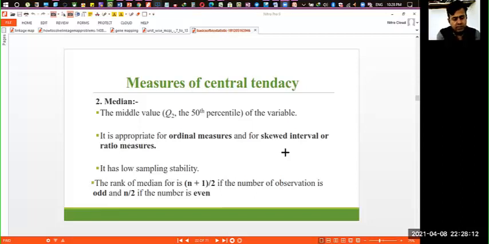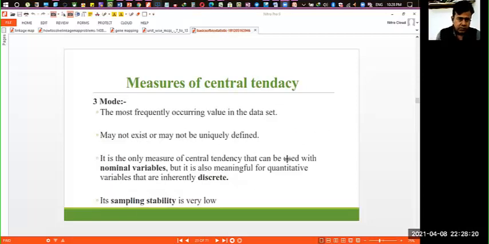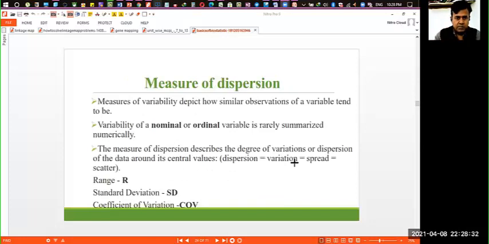And if the number of observations is even, then simply divide by 2 and you will get the median value. Mode is the most frequently occurring value. Suppose 1, 1, 1, 1, 1, 2, 3, 4, 5, 6. So 1 is the more frequent data, so the mode will be 1. Okay, what is the measure of dispersion? Measure of dispersion can be of 3 types: range, standard deviation, and coefficient of variation, right?